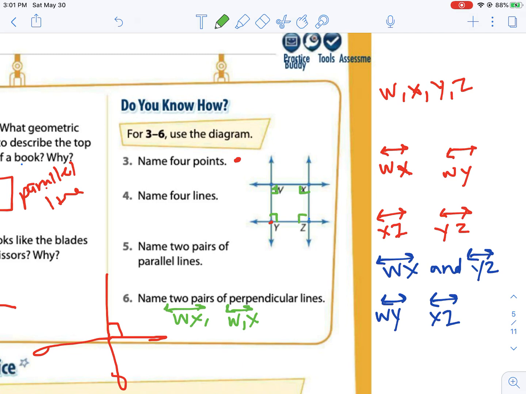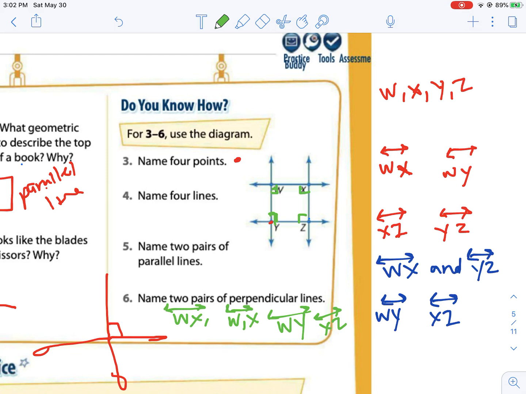And then we look again, and I've got a perpendicular line here and a perpendicular line there. So I would say WY, because I've got it right here. And then I would have right here XZ, so another line.